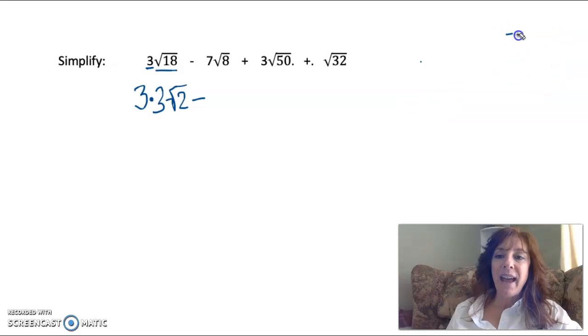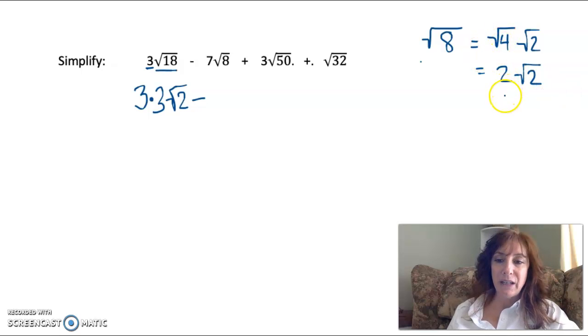Now the square root of 8, we need to find some factors that multiply to make 8. 8 is 4 times 2. So the square root of 8 is just 2 square root of 2. The square root of 4 is 2, and the other 2 stays under the radical.